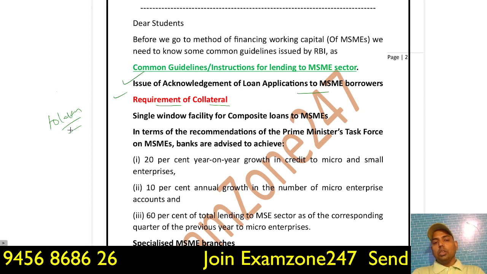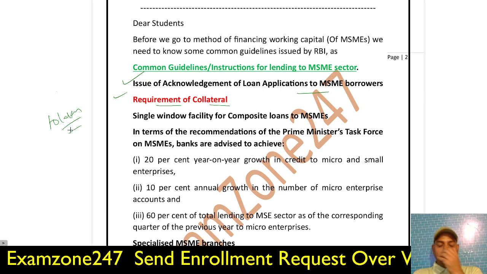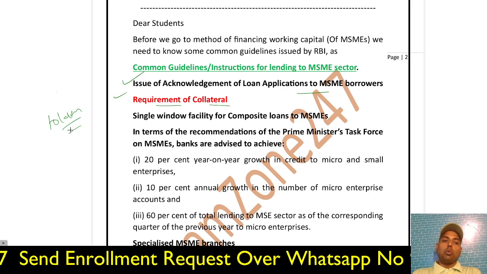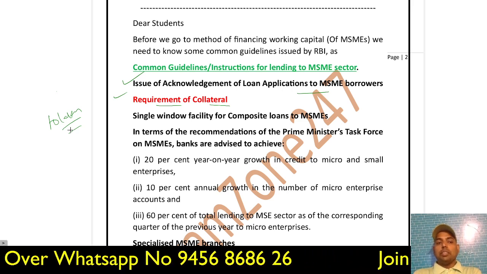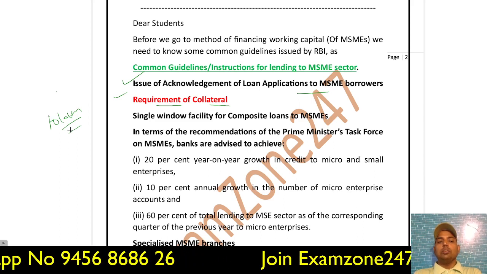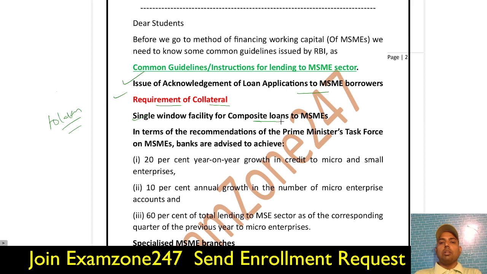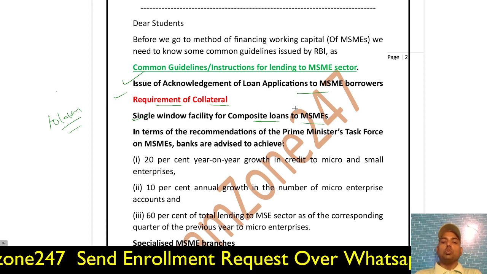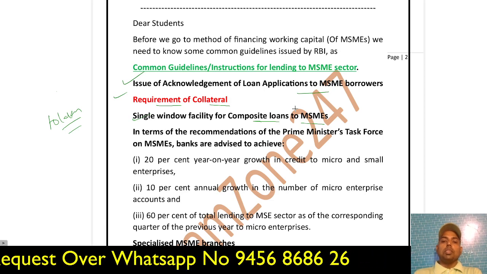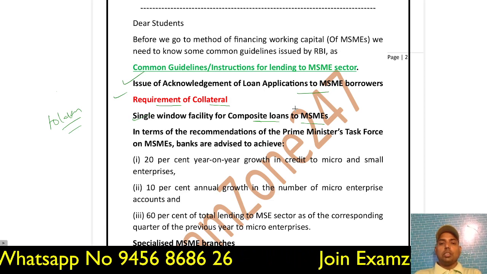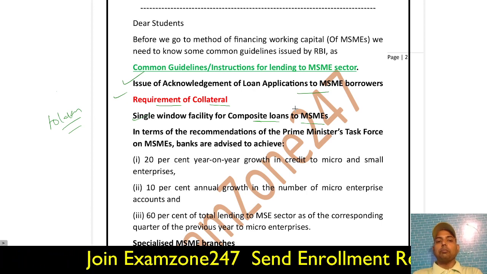There is nothing bad in taking the collateral, but if the MSME is not able to provide collateral against the loan the enterprise is asking for, you shouldn't insist on it. Single window facility for composite loans to MSMEs. There should be a single window facility for composite loans to MSMEs, meaning there should be an integrated table where all things should be managed.